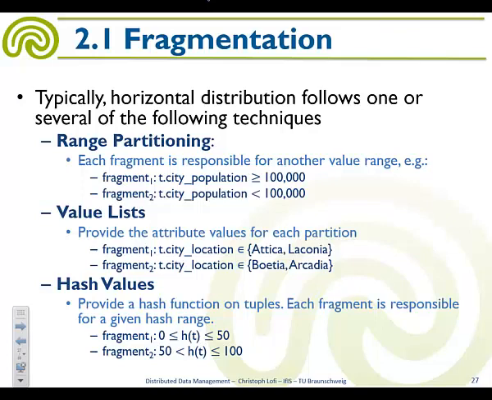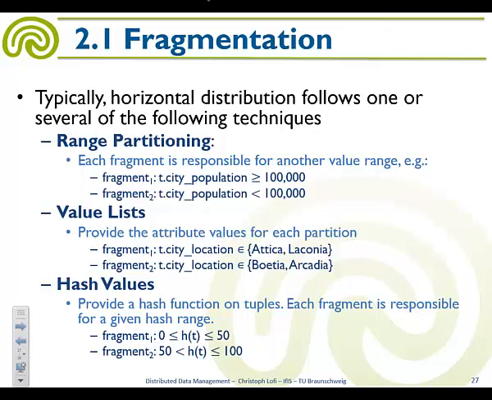Now, for example, for cities, if you have more inhabitants than 100,000, you're considered a major city. Below that, you're not, eine Großstadt in German. And if you have a task which frequently does stuff only with Großstädte, with major cities, and ignores everything which is not a major city, it might be a very good idea to cut at 100,000 and put all major cities in one fragment and all those which are not in another.